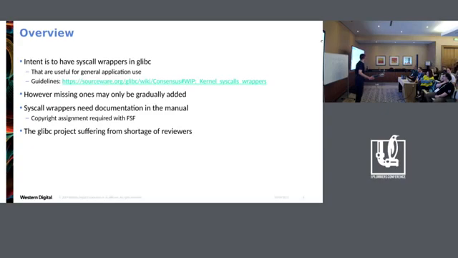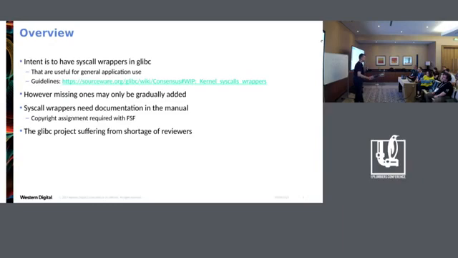The thing is essentially there is significant effort in doing that, and each of the functions has to be documented in the GLIBC manual, and that has to be reviewed.